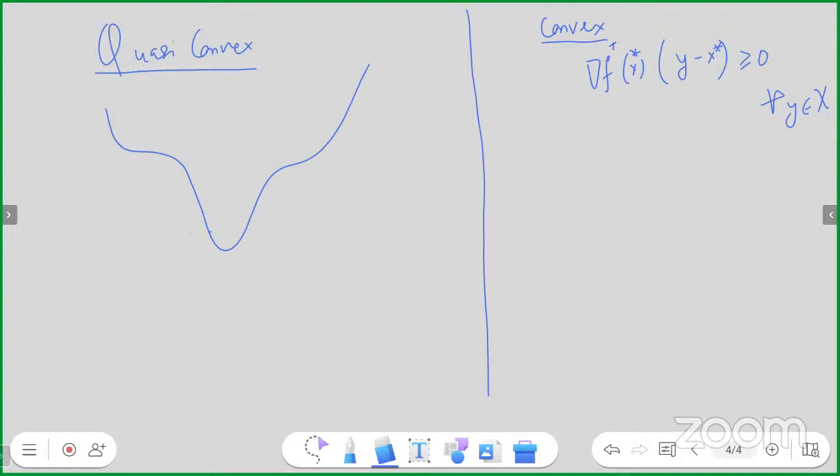But what can we say? Can we say something like this? At the optimal point, what's going to happen? And what does it rule out? This was necessary and sufficient. This example rules something out.